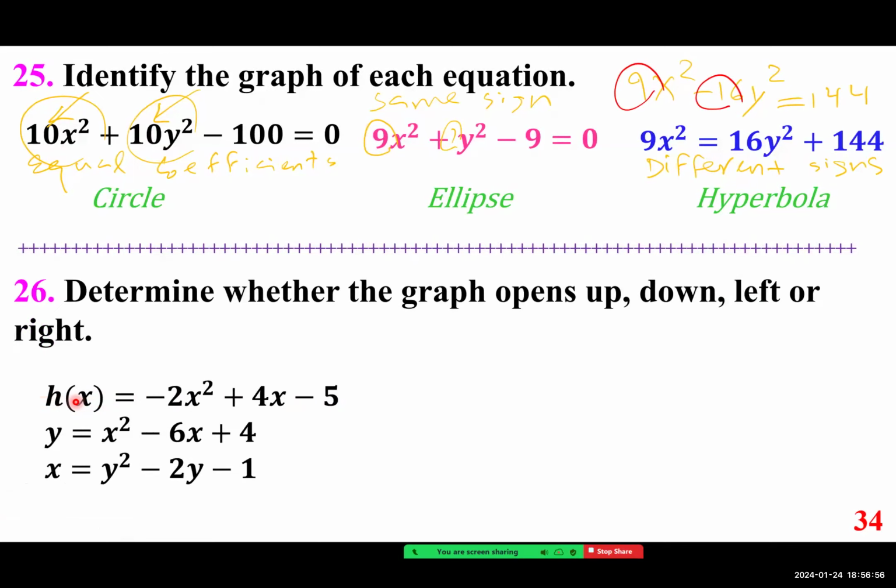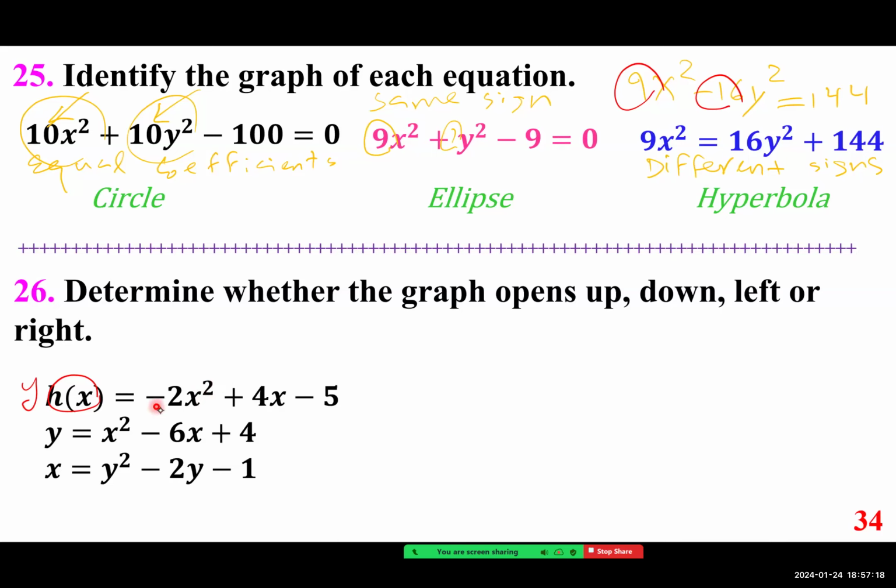By the way, h of x is the same as y. I want you to understand this can be replaced with y. So when you have one of those, either x or y, not both, with second degree, then it's a parabola. So all of these are parabolas. If x is of degree 2, it opens either up or down.